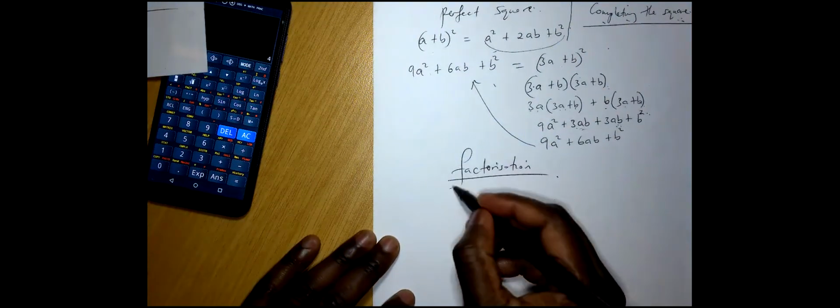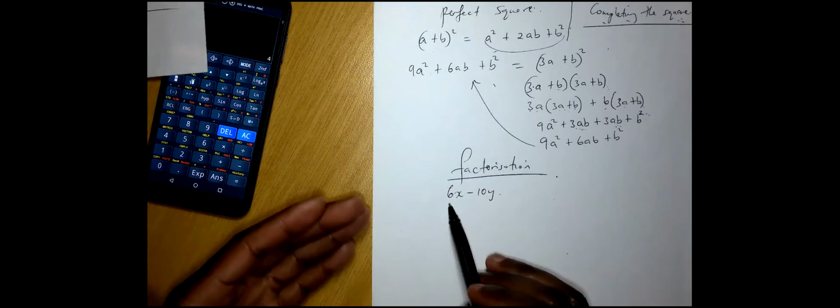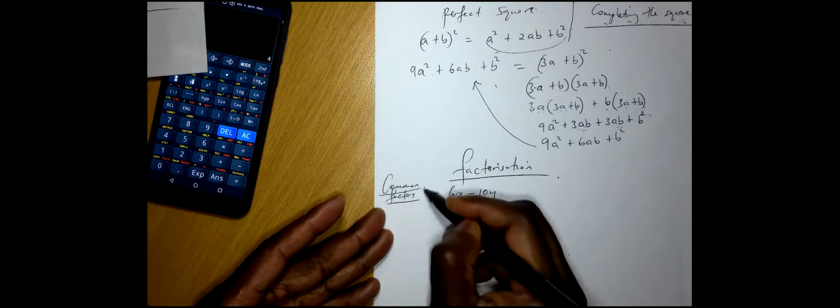Let's give an example. If you are given 6x minus 10y, you have to check whether there is any common factor. You deal with common factors when you're doing factorization. We check which number goes into both.